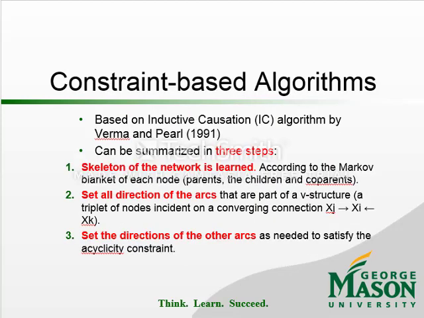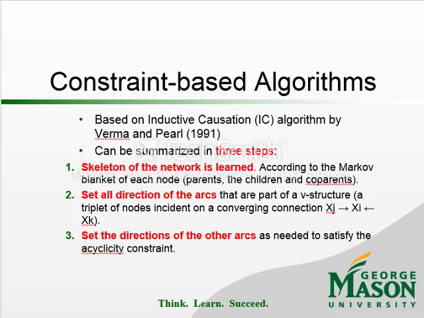Let's talk more about constraint-based algorithms. They are all based on the inductive causation algorithm by Verma and Pearl, which provides a theoretical framework for learning the structure of causal models. It can be summarized in three steps. First, we learn the skeleton of the network, which is the undirected graph underlying the network structure.